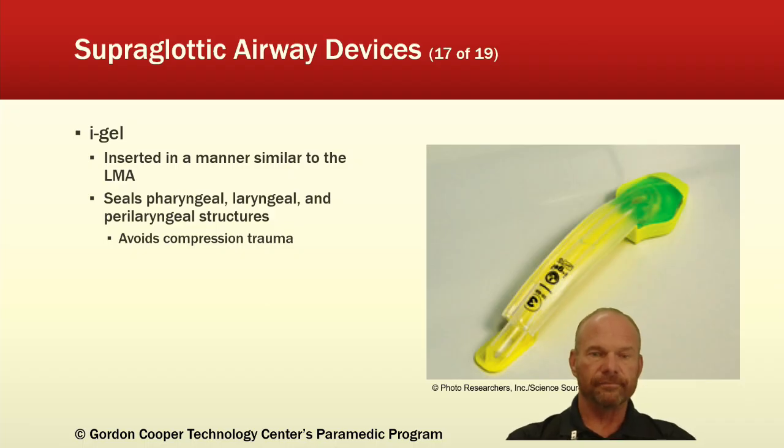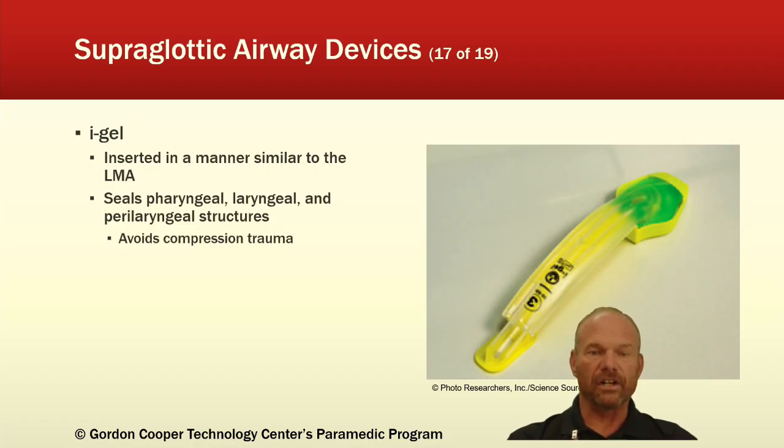And then i-gels. Similar to the LMA, it follows the natural curvature of the airway for quick and straightforward placement. The i-gel forms a non-inflatable anatomical seal around the pharyngeal, laryngeal, and perilaryngeal structures, covering everything.